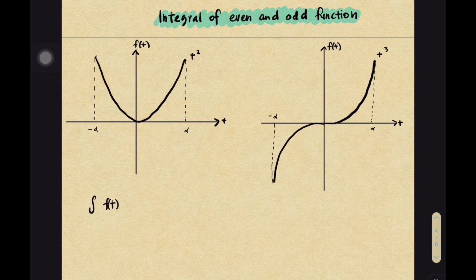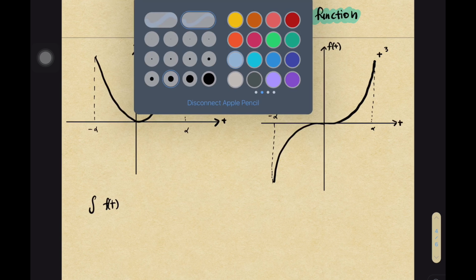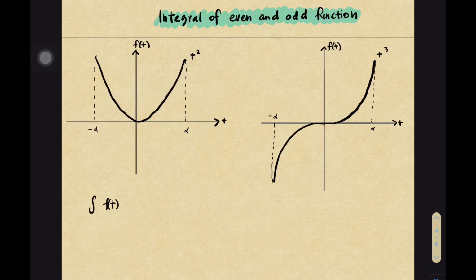For example, if you have your function f(t) equal to t square, when you integrate t square from negative alpha to alpha, what you will have is the area under the curve, which is this area, and also the second area here, which is bounded by alpha and the x-axis.